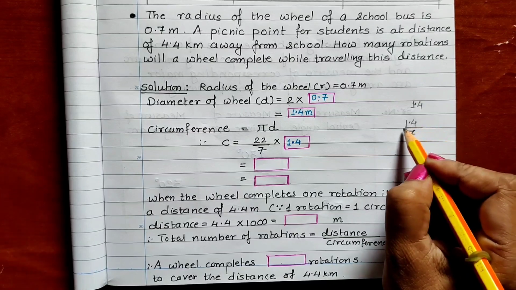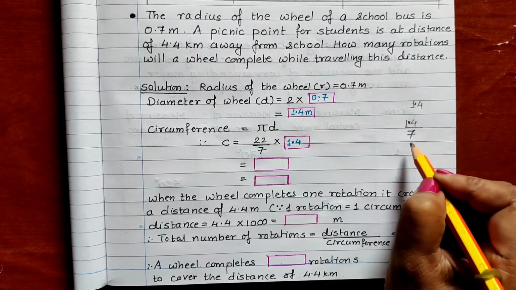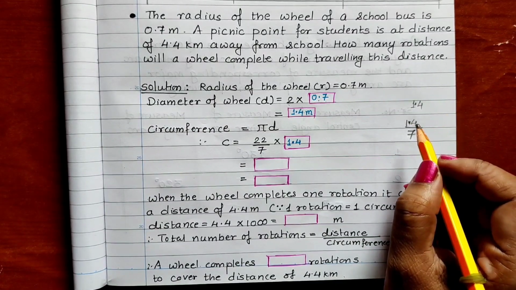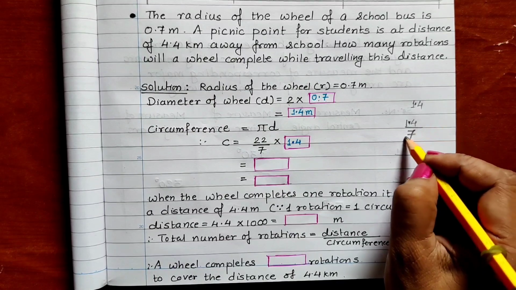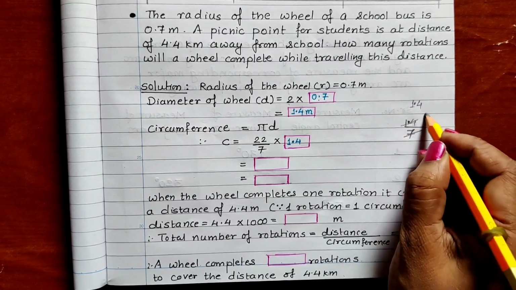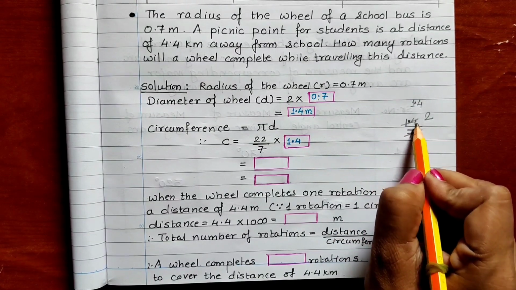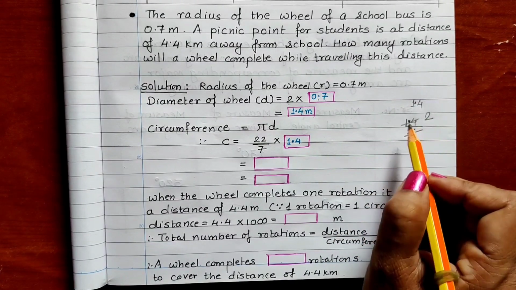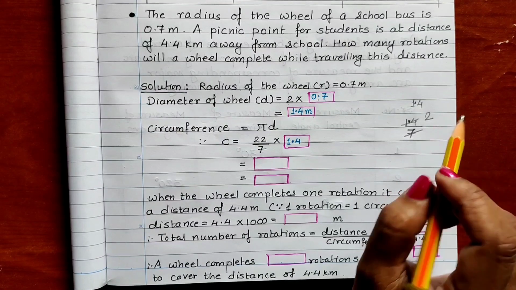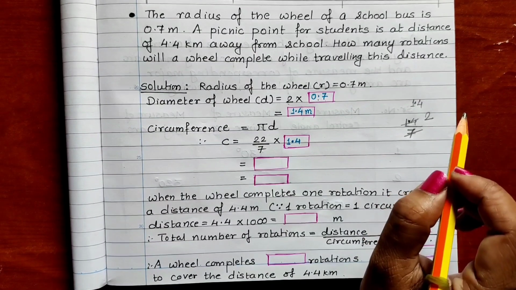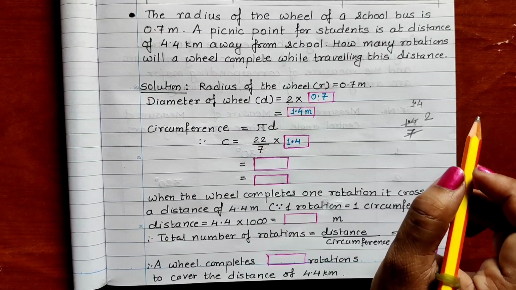Now here in 1.4 decimal point is there. In 7 no decimal point is there. So you cannot directly write 7 ones are 7 and 7 twos are 14, because after the point 1 digit is there. So the answer should also contain a decimal point, and there should be one digit after the decimal point.